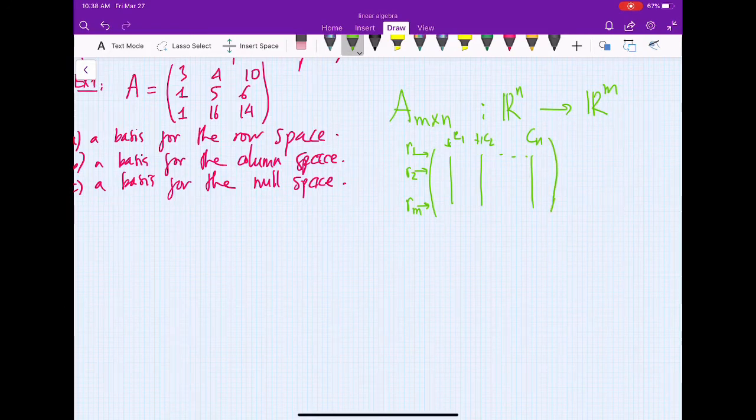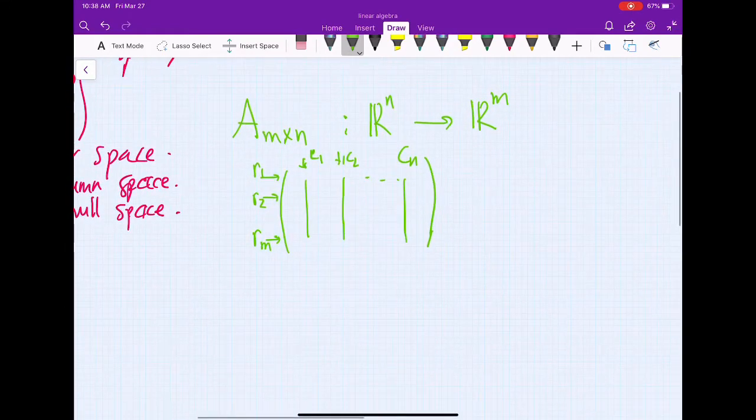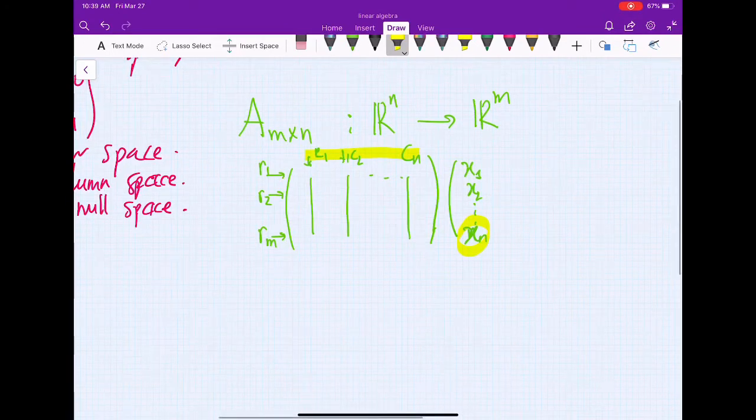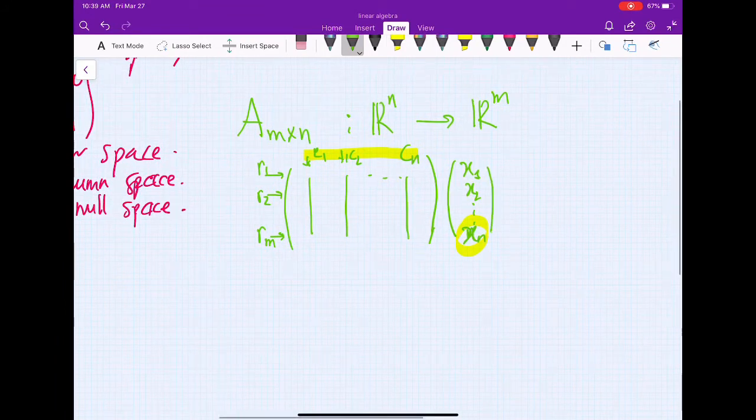If you apply this matrix to some vector x1, x2, this vector should have n coordinates, I mean, you stop at xn. Otherwise, you just cannot multiply the rows with this vector. Make sense? So at the end, you get some vector with y1, y2, and then ym.